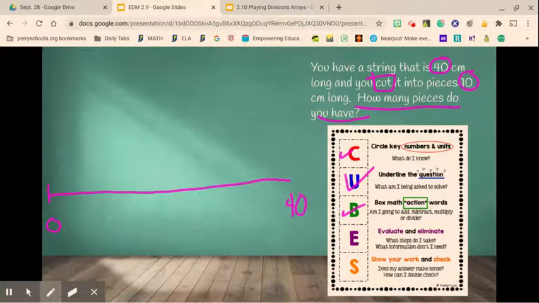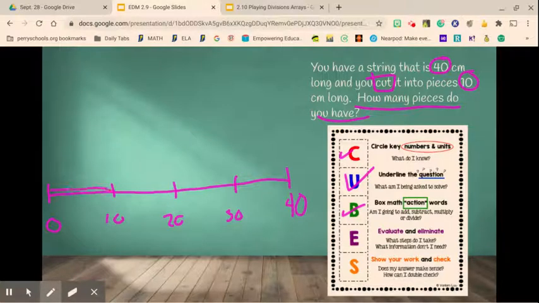So I'm going to pretend that this is 10 centimeters. And then if I cut another 10 centimeters, it'll be 20. If I cut another 10 centimeters, it'll be 30. And then what's left is another 10, that is 40.